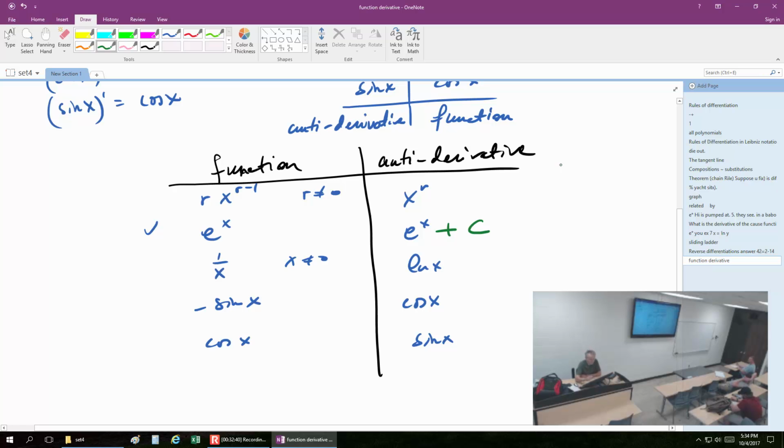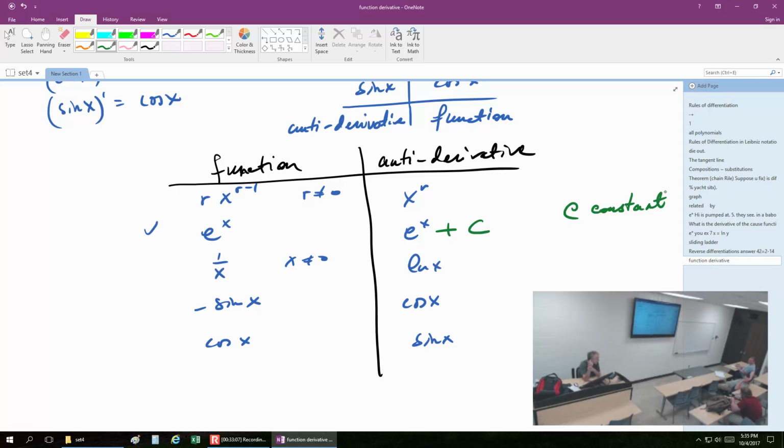The meaning is, repeat it every time. The answer is the ambiguity. That's how we take care of the ambiguity, because there is not one answer, but infinitely many answers. So you want to indicate that no matter what constant number you add, it is still an antiderivative. So e to the x plus c. Think about it: if you differentiate, what are you going to get?